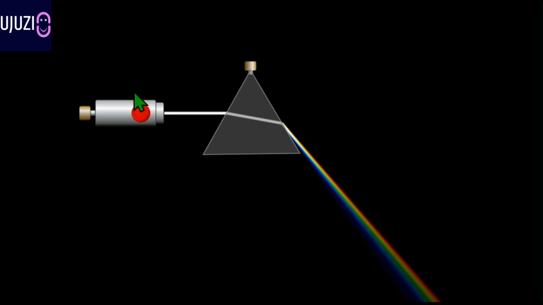So this can turn polychromatic light into monochromatic light, because now we can have individual colors and be able to see them and even extract them for several applications.